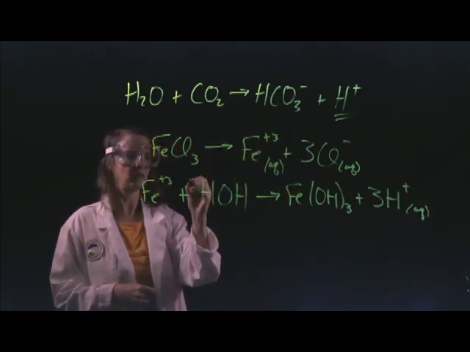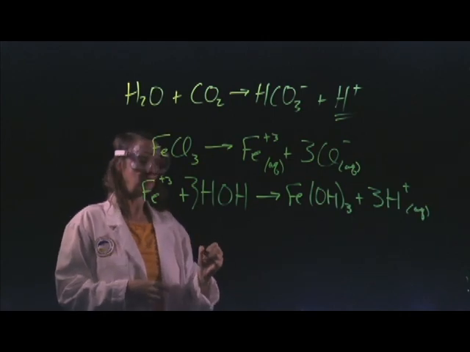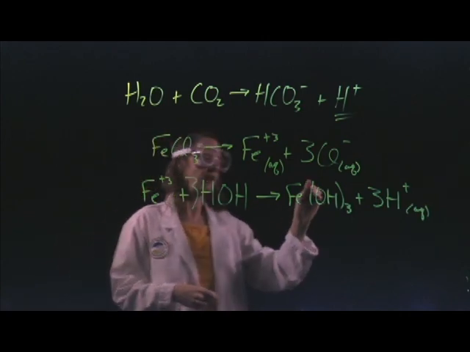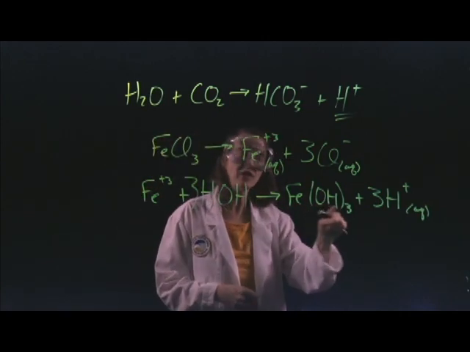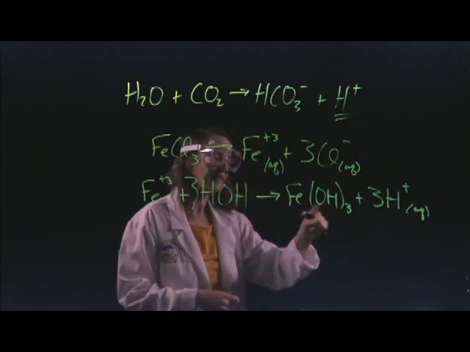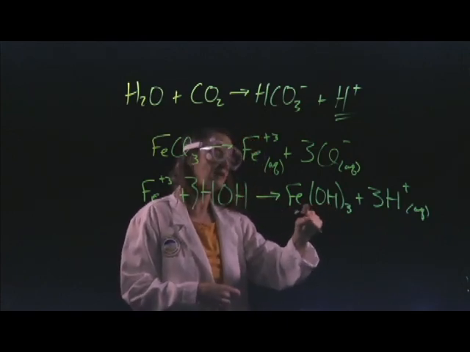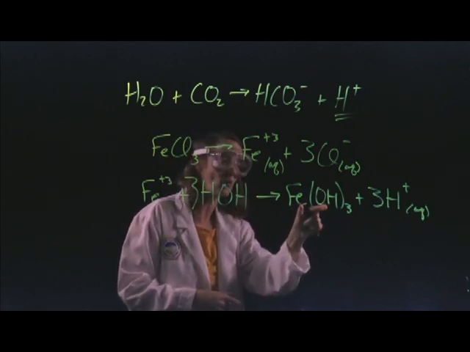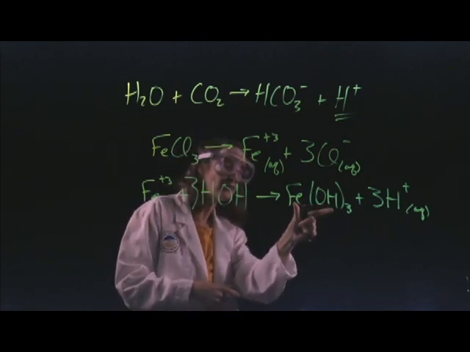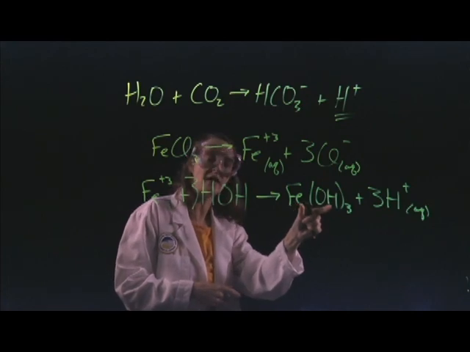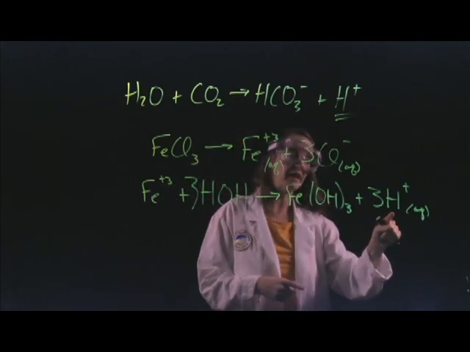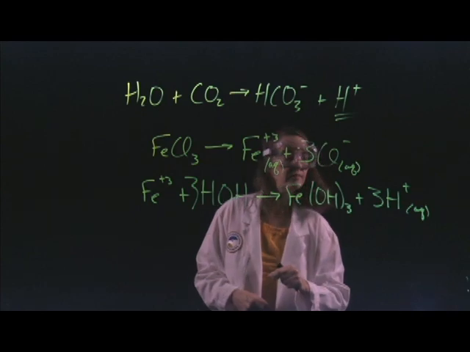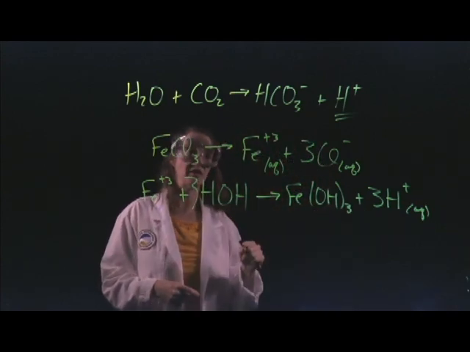I need a 3 here. There we go, balanced. And iron hydroxide is not a strong base, so some of this is going to stick together, and every time we get an iron hydroxide unit that forms, we're generating 3 hydrogen ions. That would make a solution acidic.